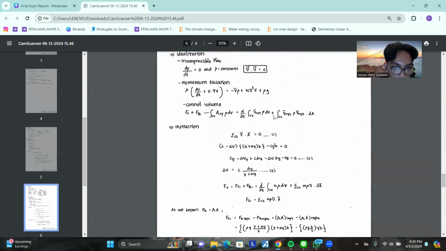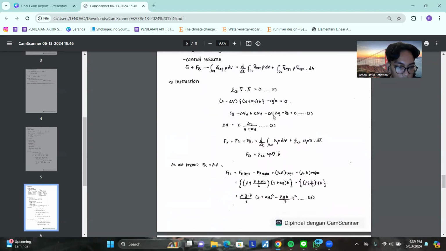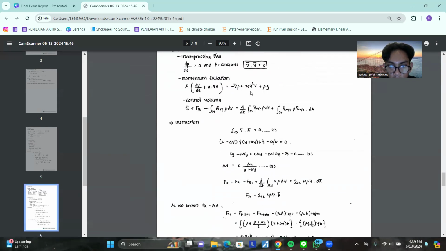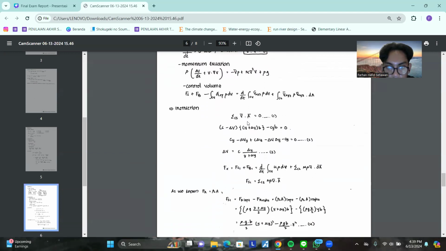Okay. So, for incompressible flow with a uniform velocity at its sections, the continuity equation is defined by the sum over the control surface of V times area equals 0. We obtain c minus (c minus delta V) times (y plus delta y) b minus c y b equals 0.